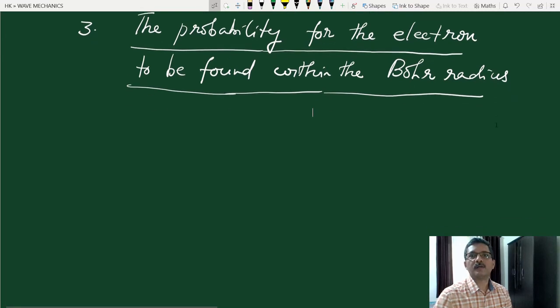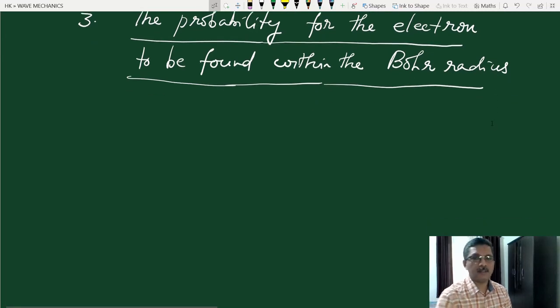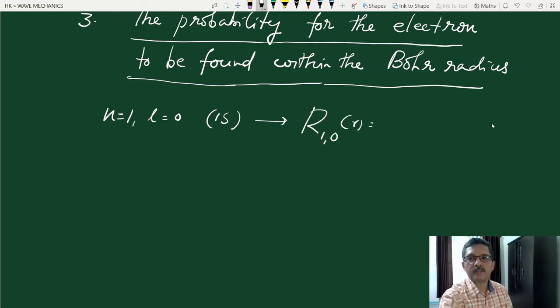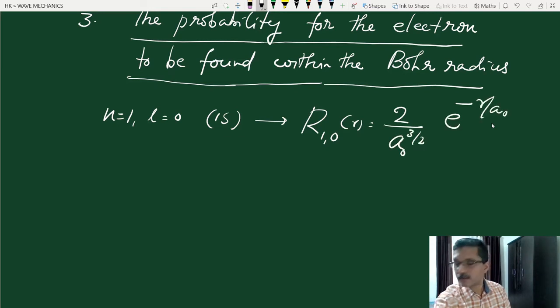So let us do this calculation for n equal to 1 state. For n equal to 1, that is l equal to 0 state, what is the probability for the electron to be found within the Bohr radius? Here the radial wave function is, as we have quoted earlier, (2/a0)^(3/2) e^(-r/a0).